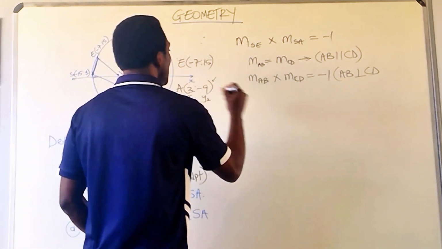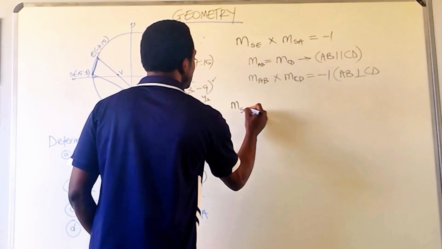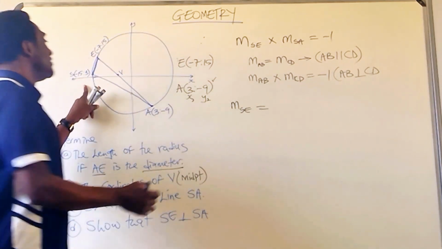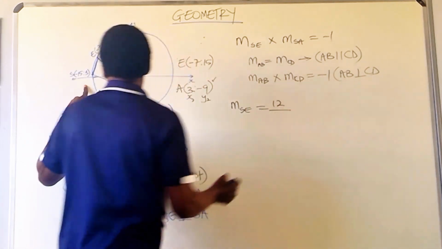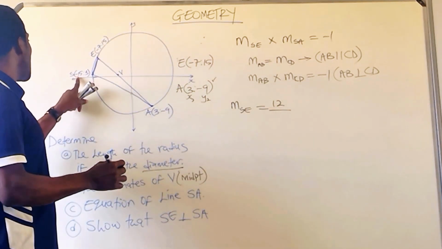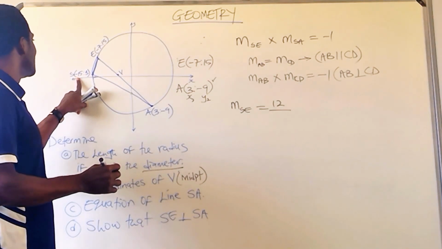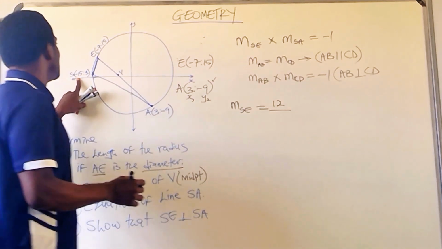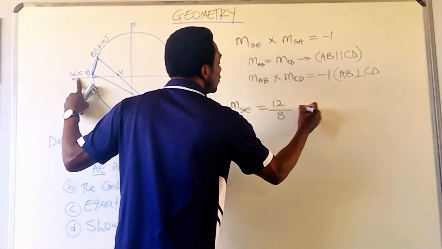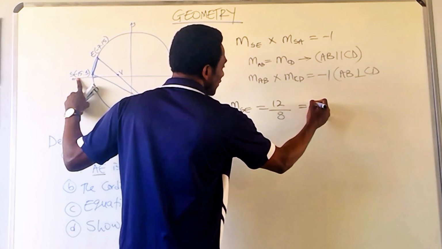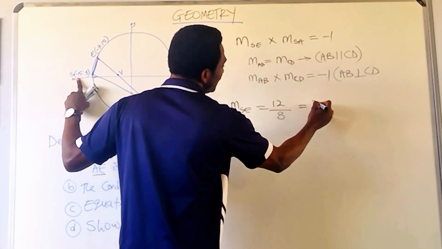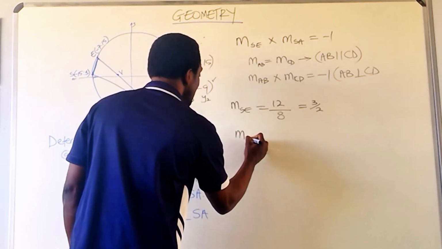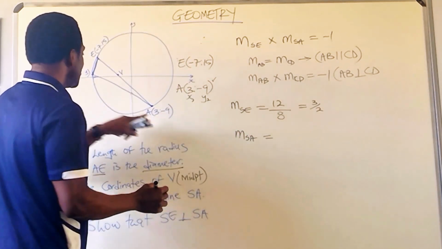Now let's go. The gradient of SE will be changing y over changing x. So we have 15 minus 3, which is 12, over negative 7 minus 15. Negative 7 plus 15 will give us 8. So if we divide by 4, we have 3 over 2. Let's look at the gradient of SA. SA is here.